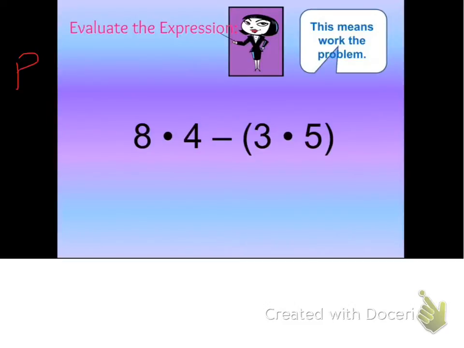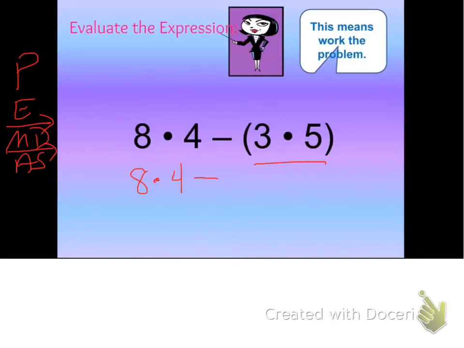So let's look at this next one, and we are going to follow these steps yet again. So the first thing is parentheses, so that means I'm going to solve this piece. I'm going to bring everything else down. Remember, multiplication can be represented by a dot. 3 times 5 is 15, so parentheses are done. Exponents are done.